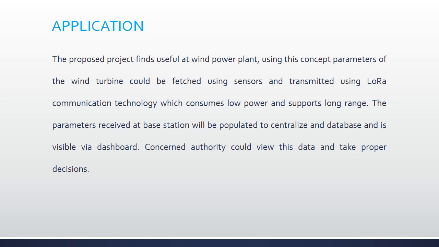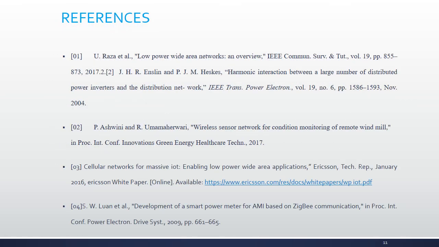So this proposed project is an IoT and WSN based concept which is very useful at wind power plants. So these are all the various papers we have referred to before taking this project.